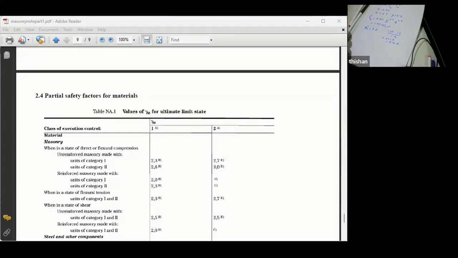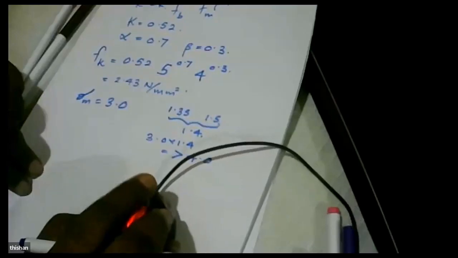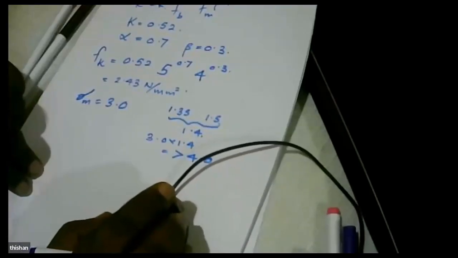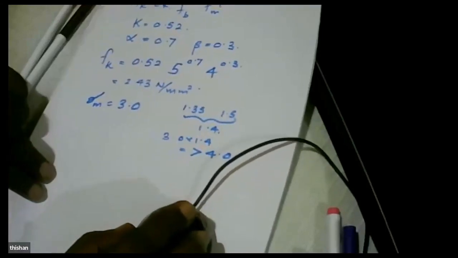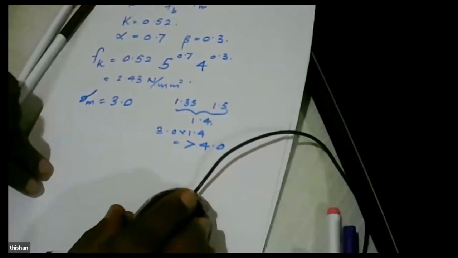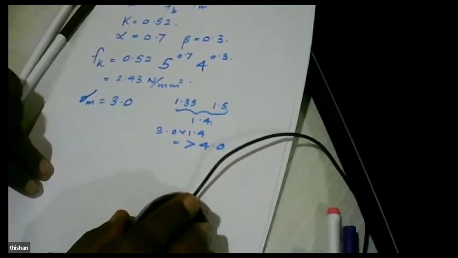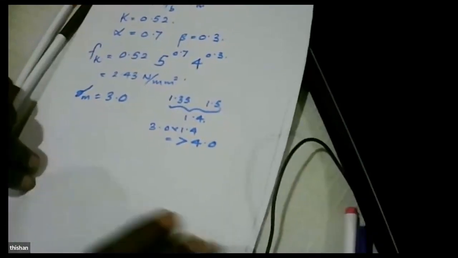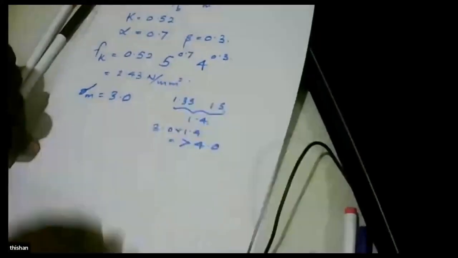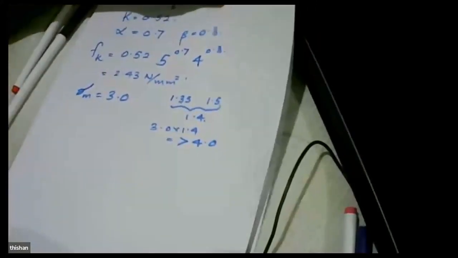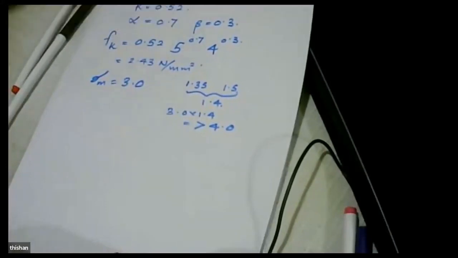The overall factor of safety that you are going to get in masonry design is, you can see, gamma m is 3 and this value is 1.4. 3 into 1.4 is over 4. So we are going to get an overall factor of safety of more than 4. So that means there's a significant factor of safety.